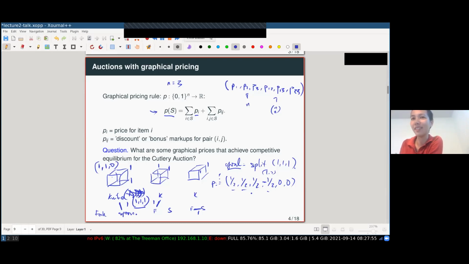So v fruit at 110 is 1 minus a half plus a half minus a half, which is a half, whereas v fruit at 111 is 1 minus a half plus a half plus a half minus a half, which would be 0. And so that suffers from the same issues.